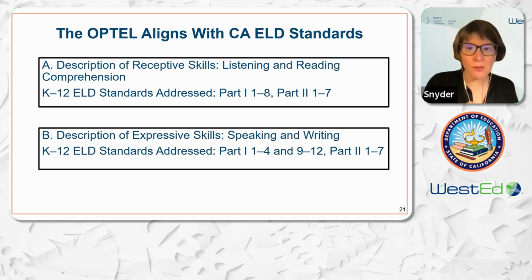So for receptive skills, and again, that's listening and reading comprehension, the K-12 ELD standards addressed are Part 1, standards 1 through 8, and Part 2, standards 1 through 7. And for expressive skills, and that's speaking and writing, the K-12 ELD standards addressed are Part 1, standards 1 through 4 and 9 through 12, and Part 2, standards 1 through 7.